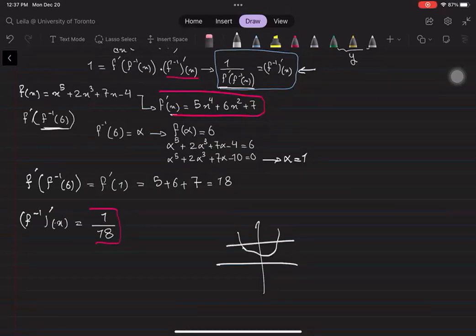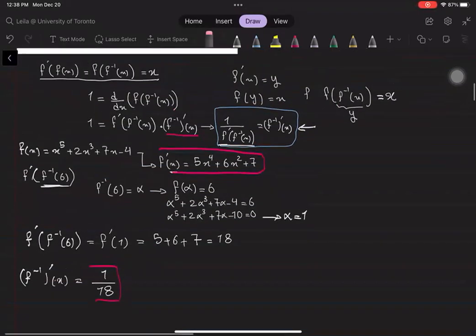So they have to give you a domain that you can use. If they don't give you a domain, then you're going to get two inverses, because it's not 1-to-1. But if it is, you can just explain why it's 1-to-1 and then use it. All right, thank you.